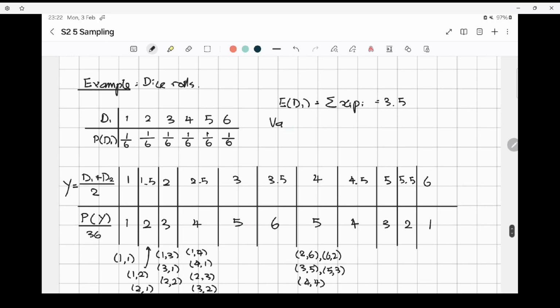The variance of D1 would be the sum of x_i squared p_i minus your mean squared. If you do it properly, this will be 35 over 12.